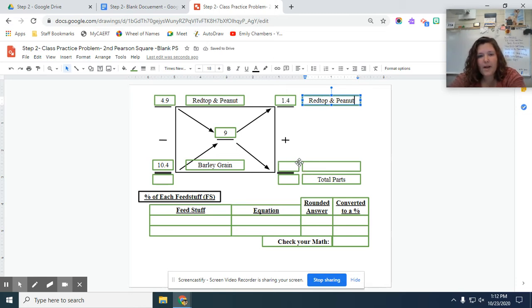Do it the other way. So 9 minus 4.9 is 4.1. Correct? Sorry, I want to triple check. Okay, 4.1 is what we get.